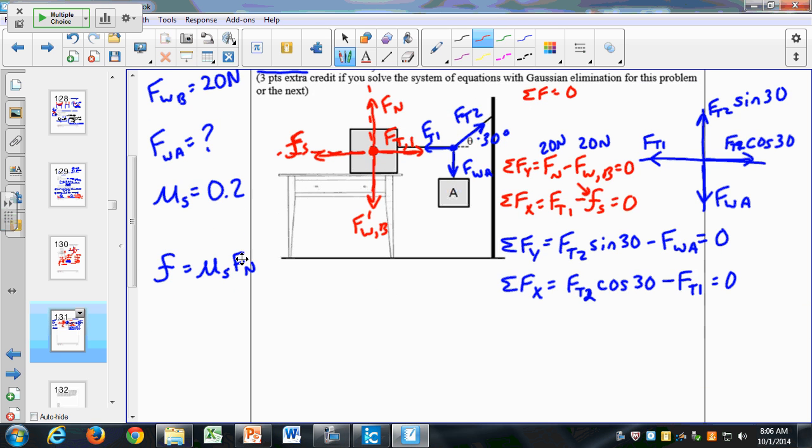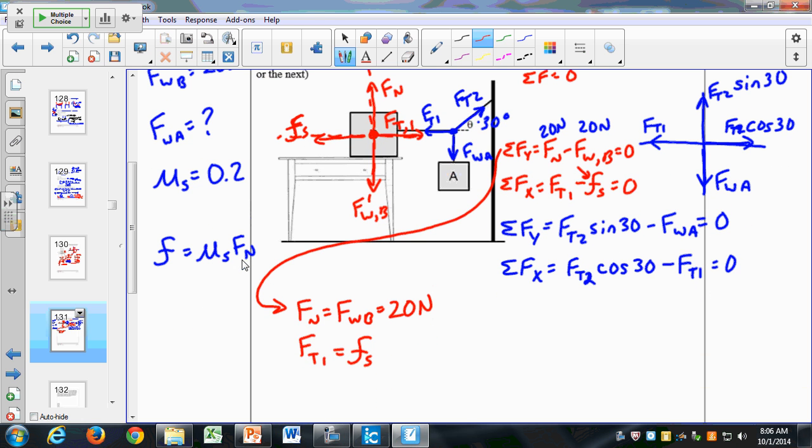Let me write this out a little more rigorously. From this first equation, I can say that the normal force equals FWB, which is equal to 20 newtons. From this second equation, I can say that Ft1 is equal to Fs, which is equal to mu s times the normal force.